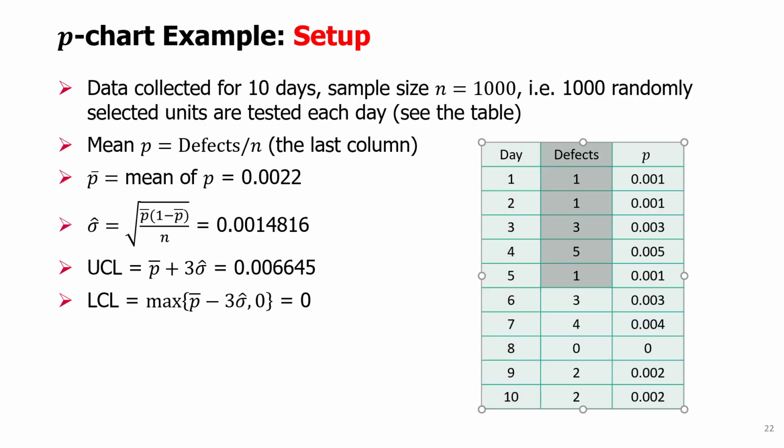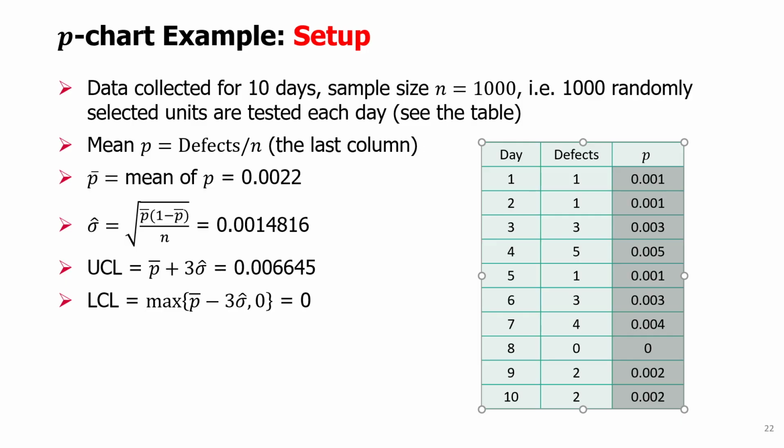The number of defects out of 1,000 was 1, 1, 3, and so on. We can calculate the percentage as this number divided by 1,000. So that's going to be 0.001 and so on; 5 defects is 0.005.